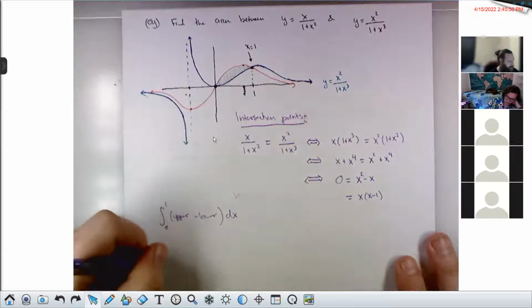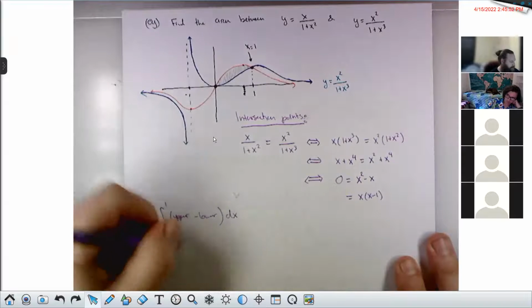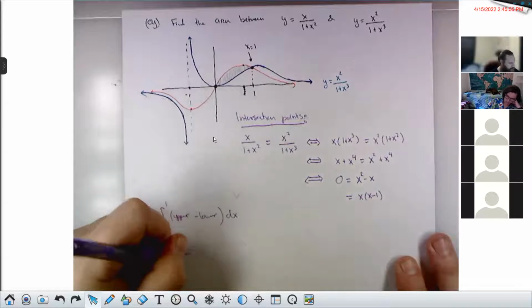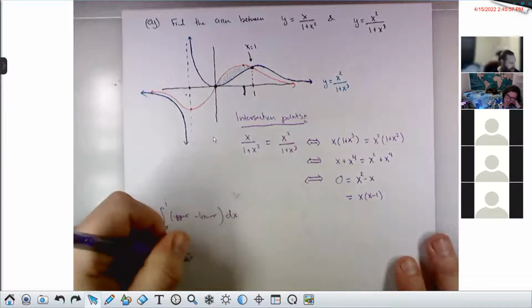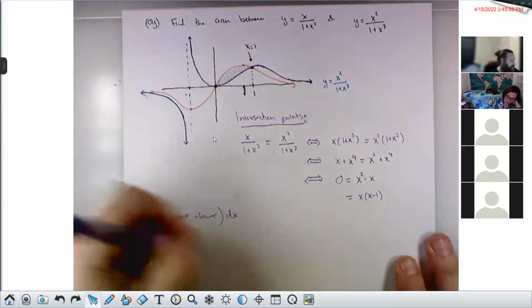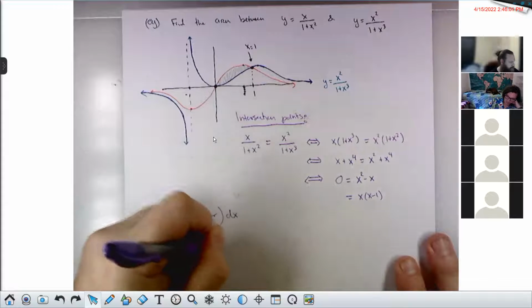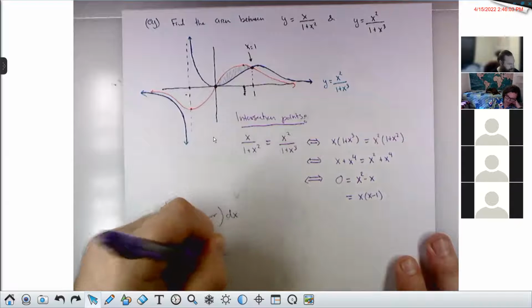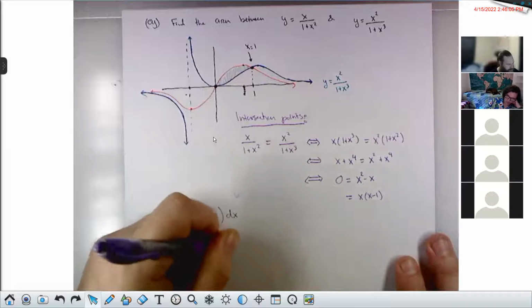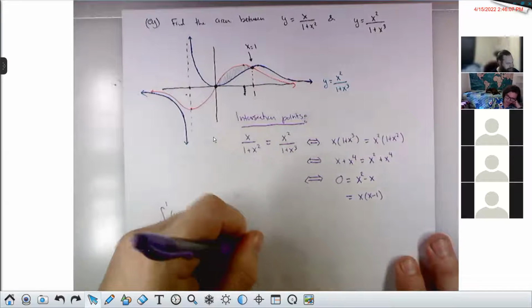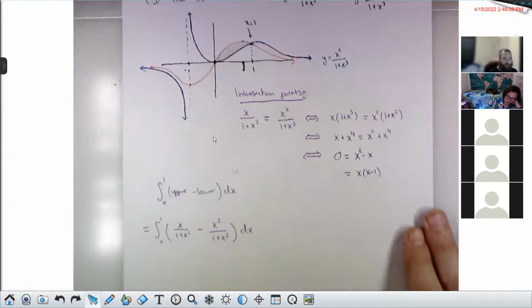That will be the integral from 0 to 1 of x over 1 plus x squared minus x squared over 1 plus x cubed dx.